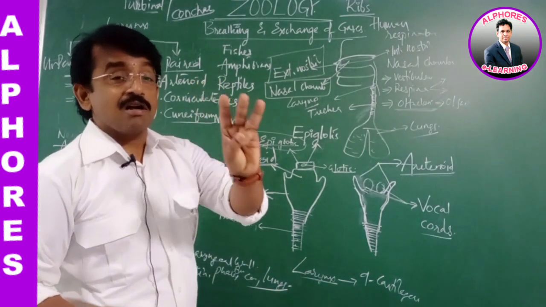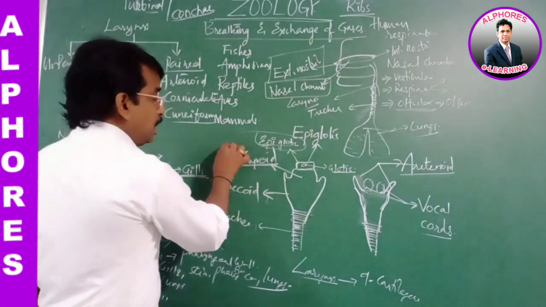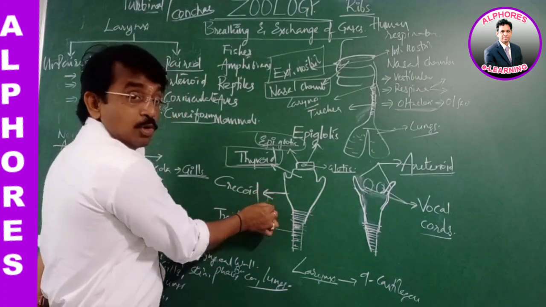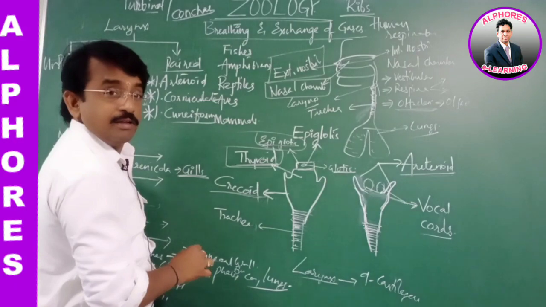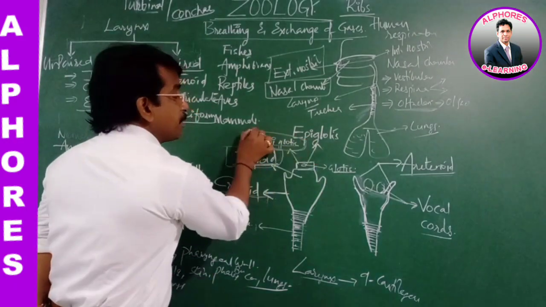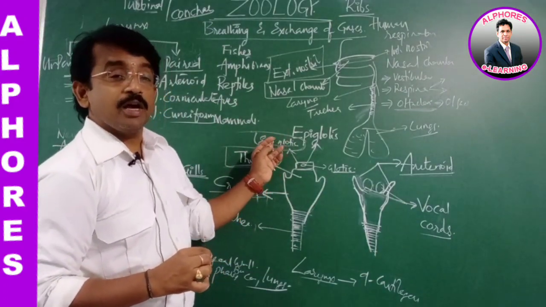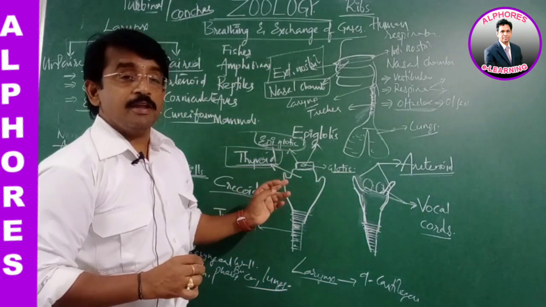These are the 3 paired cartilaginous plates, whereas unpaired include the thyroid, the largest, located ventrally. Posterior to the thyroid is the cricoid. And the glottis is an opening covered by the epiglottis, which is made of elastic cartilage. This is how we see the 6 plus 3, 9.